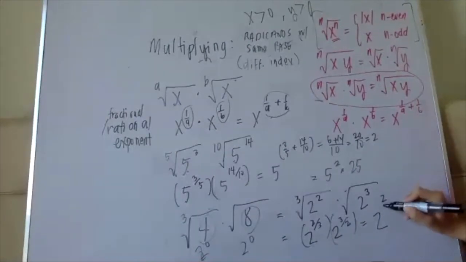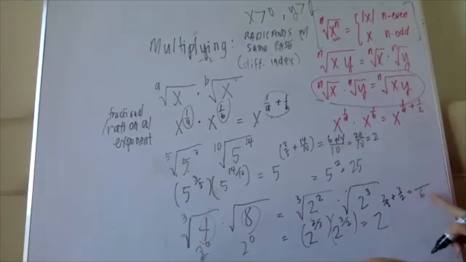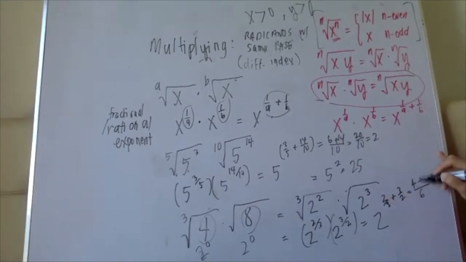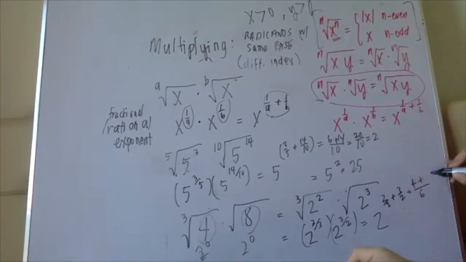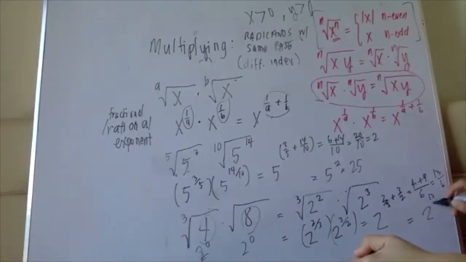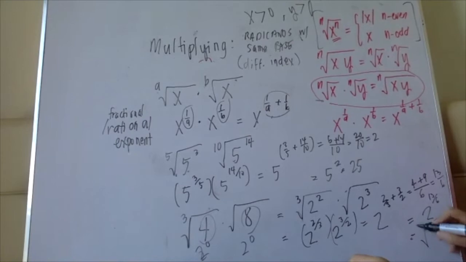2 raised to 2/3 plus 3/2. This is equal to 6. Ang LCD, 6 divided by 3, that's 2 times 2, so that's 4. Plus 6 divided by 2, that's 3 times 3, that's equal to 9. So this is equal to 13 over 6. 2 raised to 13 over 6, or that's equal to 6th root of 2 raised to 13.